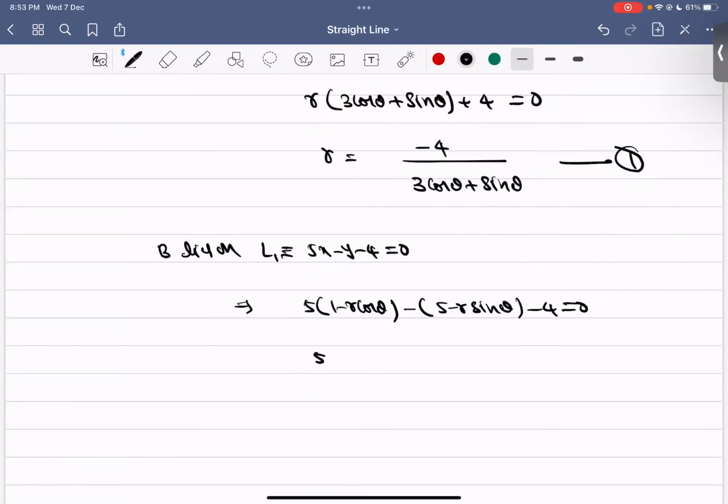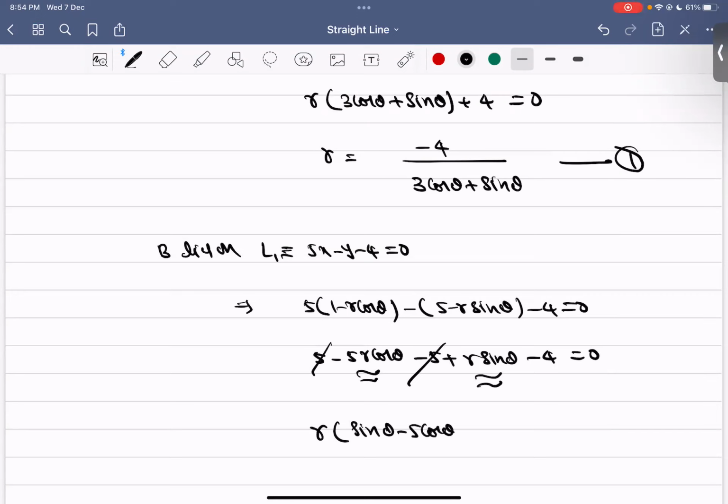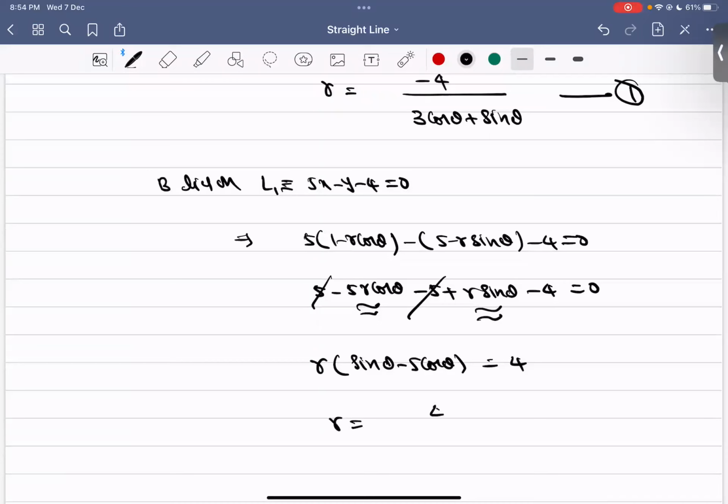That is 5 minus 5r cos theta minus 5 plus r sin theta minus 4 is equal to 0. Here minus 5 plus 5 cancel. From these two terms, take out r common. r into sin theta minus 5 cos theta is equal to 4. Here also isolate r. r is equal to 4 by sin theta minus 5 cos theta. Give this number 2.